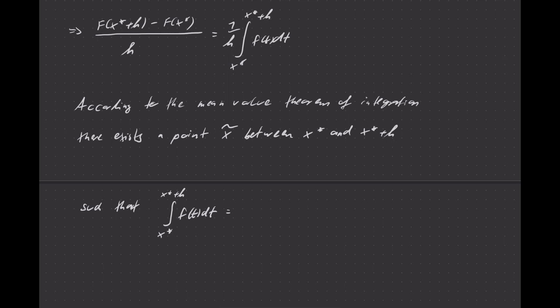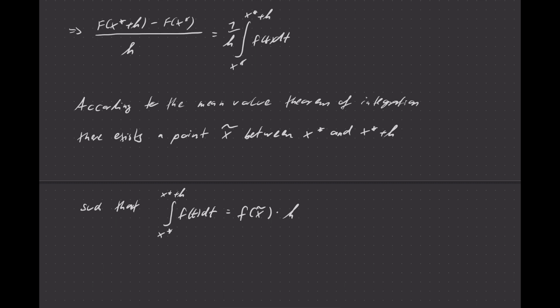And the other side is given by the function value at that point x tilde. So we can express that as f of x tilde times h. And recall that the mean value theorem of integration holds for continuous functions f. So this is why we need continuity in our statement of the theorem here.